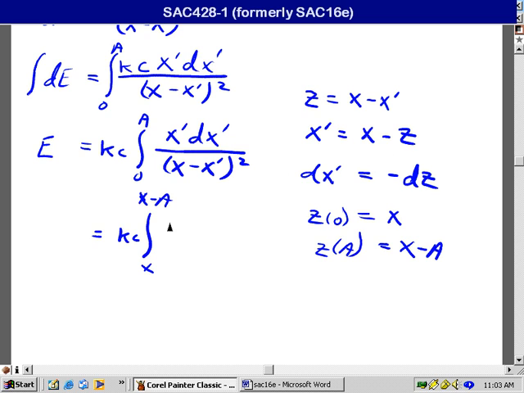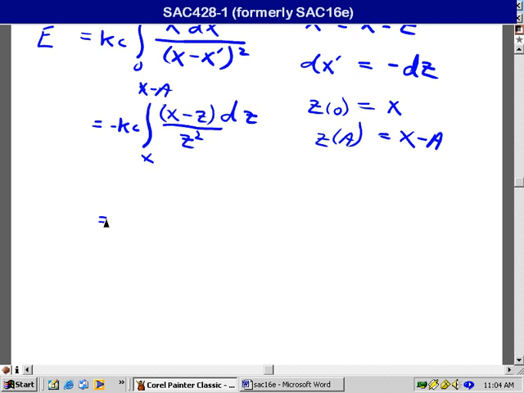So the x prime is x minus z, and then dx prime is minus dz, and x minus x prime is what I call z to make this denominator simpler, and I get z squared there.